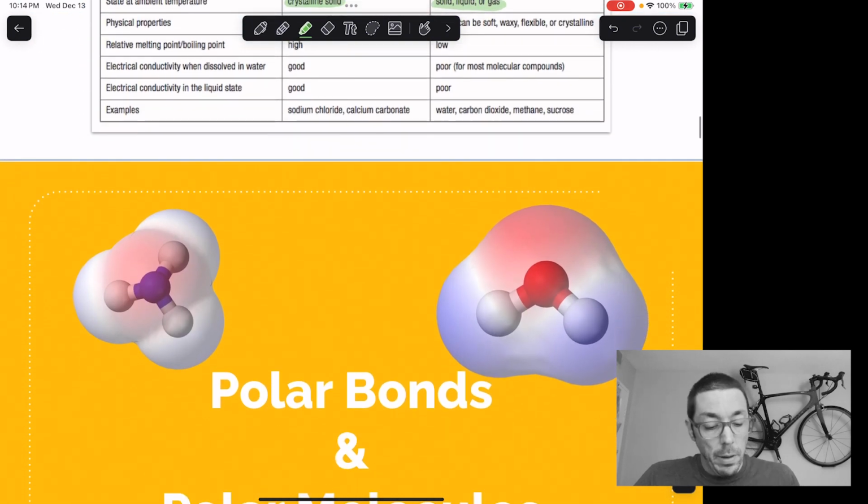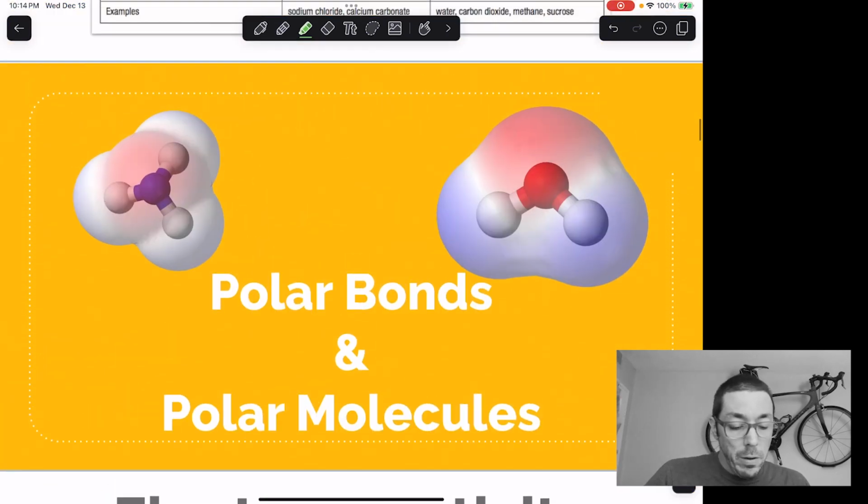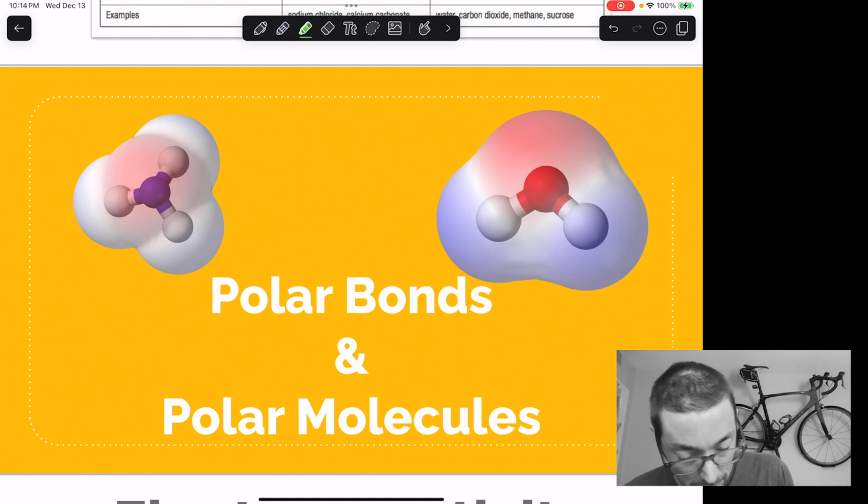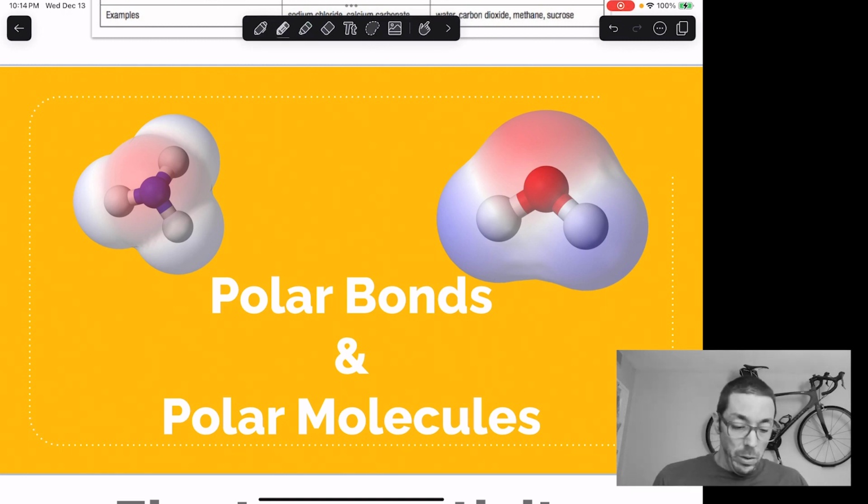All right. So we're going to start to get into some finer details now, specifically looking at molecular compounds and looking at the bonds within the molecules. This term polar might be new to you.